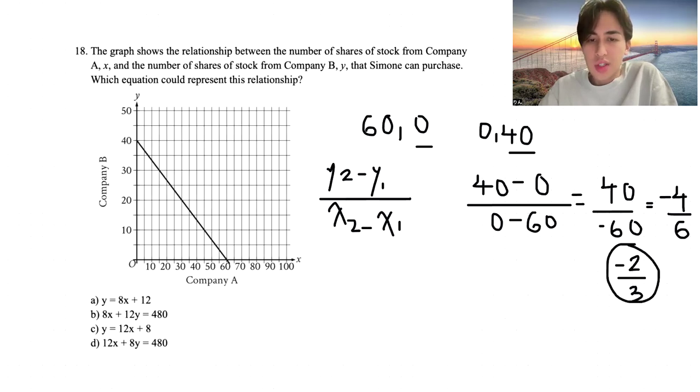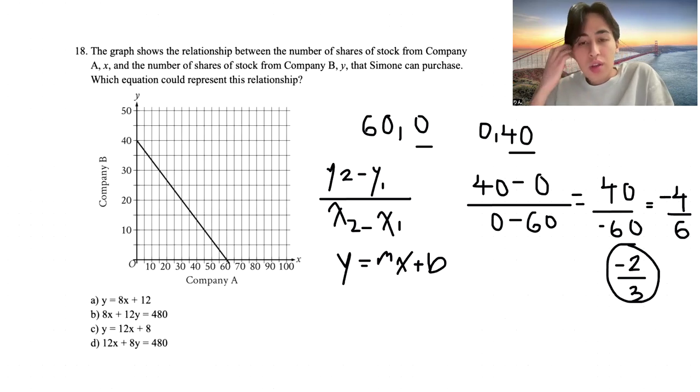Now what we want to do is put this in the y equals mx plus b format. M represents the slope, b represents the y-intercept. What we know is that the slope is negative 2 over 3, which means the slope is negative.